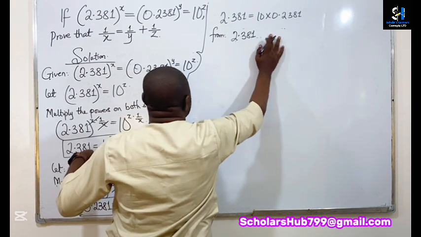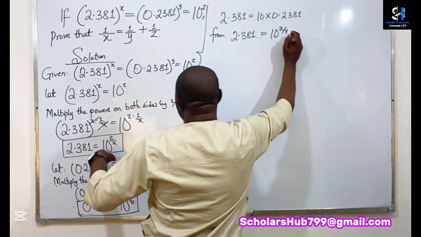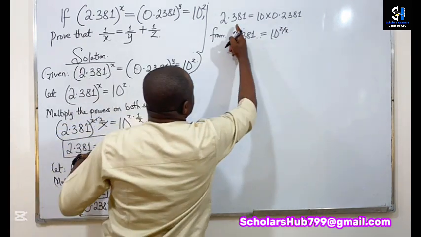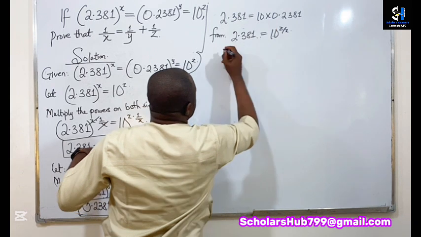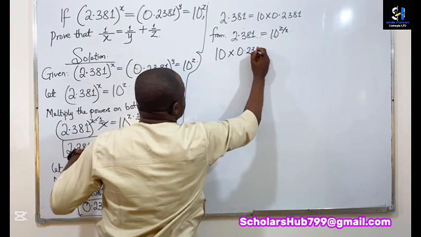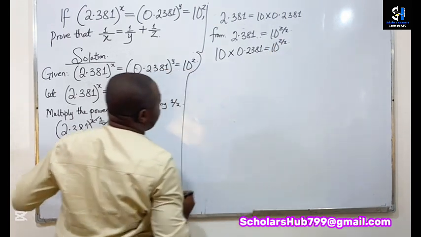From 2.381 equals 10 to the power of z over x, I said this is equal to 10 multiplied by 0.2381, which equals 10 to the power of z over x.